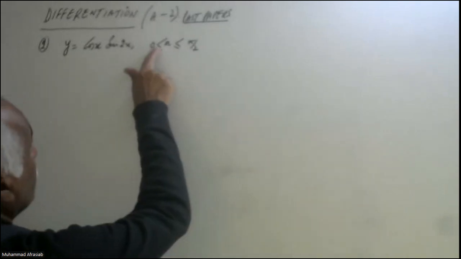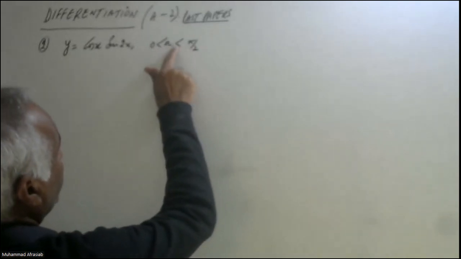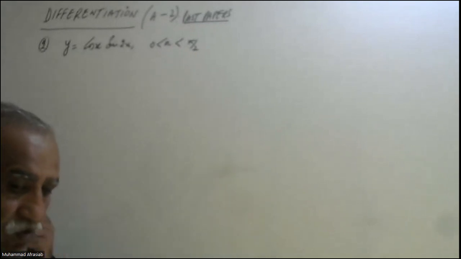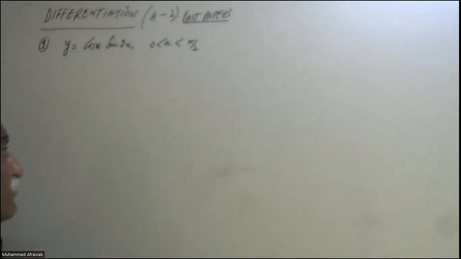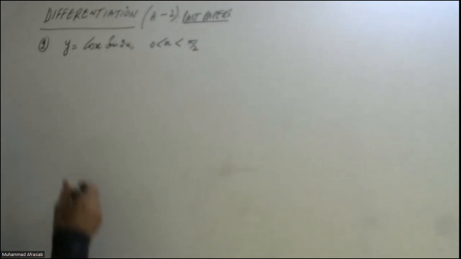So that means y equal to sine will not be there, and we are going to find out the stationary point for these curves here.